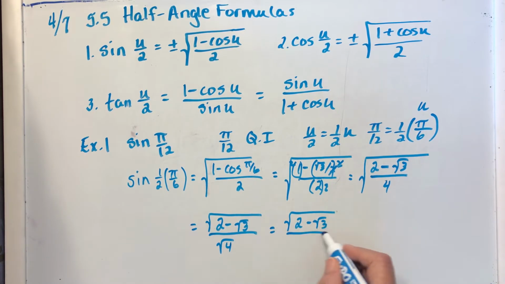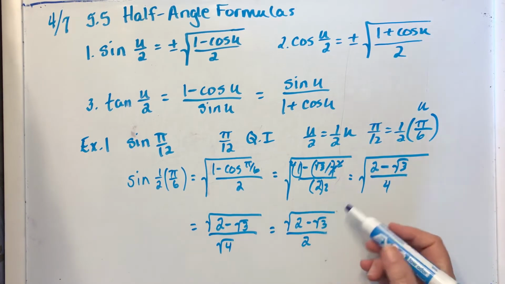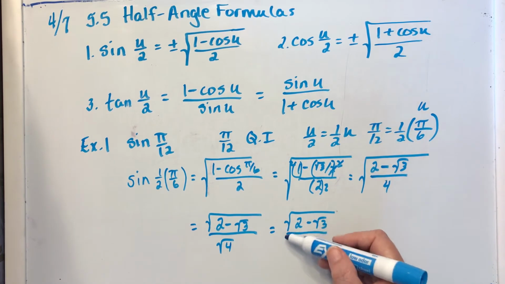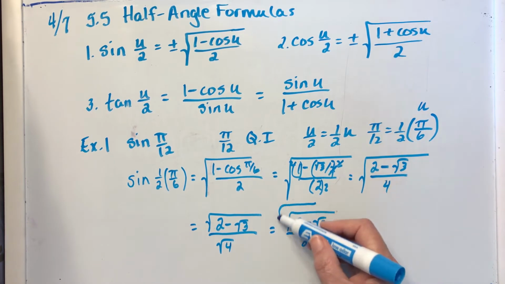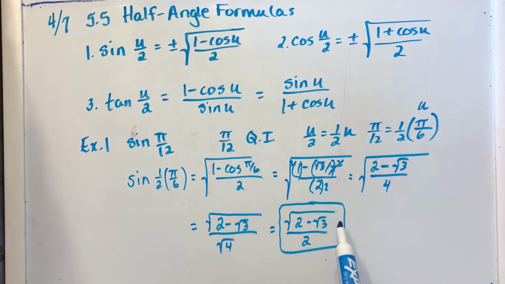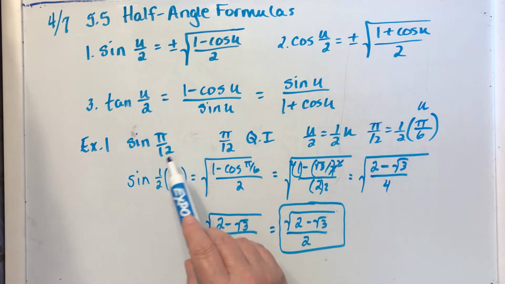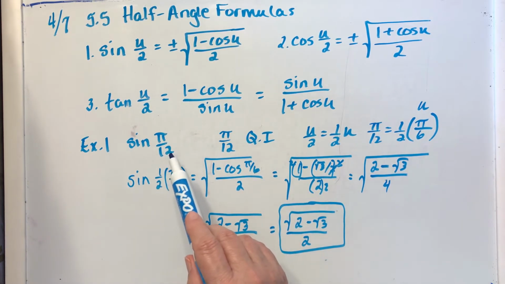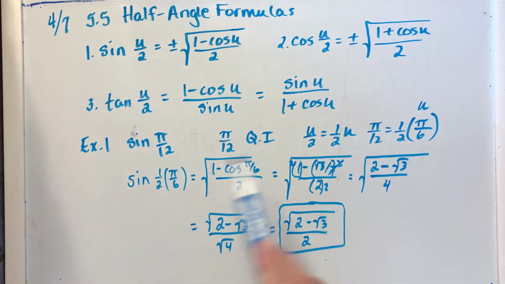So our answers to these are going to look a little strange, because we're going to have sometimes square roots within a square root. But that is the exact value of the sine of pi over 12. Square root of 2 minus the square root of 3 all over 2. And again, we chose positive because the original angle, the pi over 12, was in quadrant 1, where everything is positive. So there's example 1.